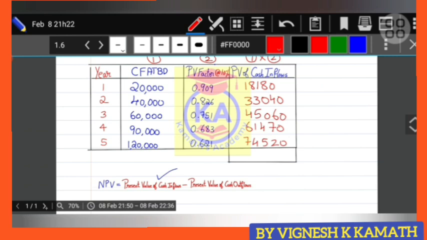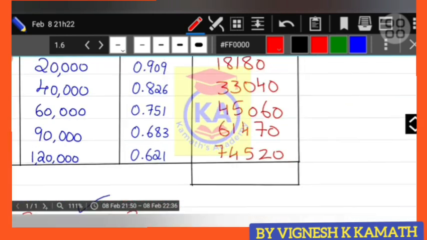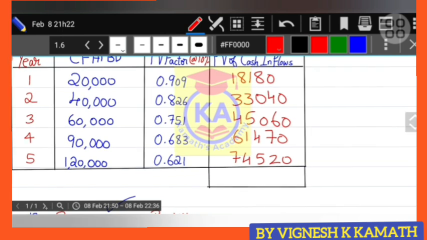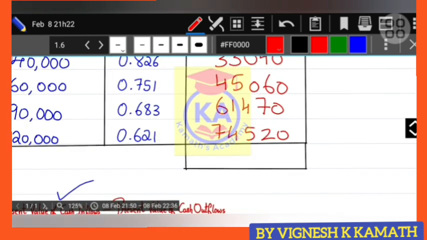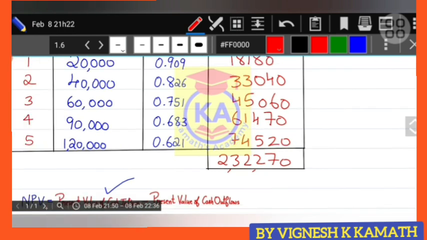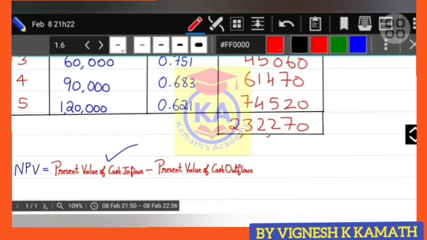While adding these values, 18,180 plus 33,040 plus 45,060 plus 61,470 plus 74,520, you will get 2,32,270. This is your present value of cash inflows. Present value of cash inflow total is 2,32,270. So you have got one part of the formula.